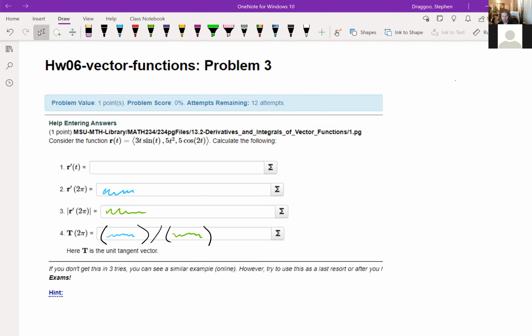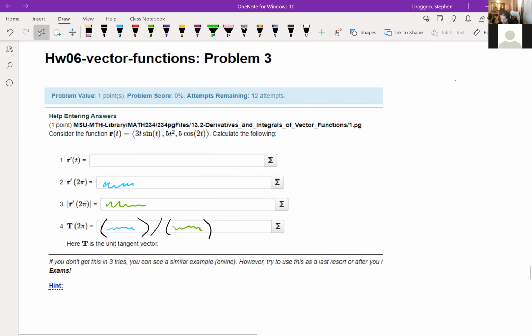So notice I put them in blue and in green. And then if I want the unit tangent vector, I just take the blue piece and divide it by the green piece. And as long as you're just going through WeBWorK to get all that stuff in, you probably just want to use copy and paste to your advantage here. Or at least that's what I would do. If I got the blue part and the green part right, I would then copy and paste them into the third bar. And all of a sudden, hey, look, I've got my unit tangent vector.